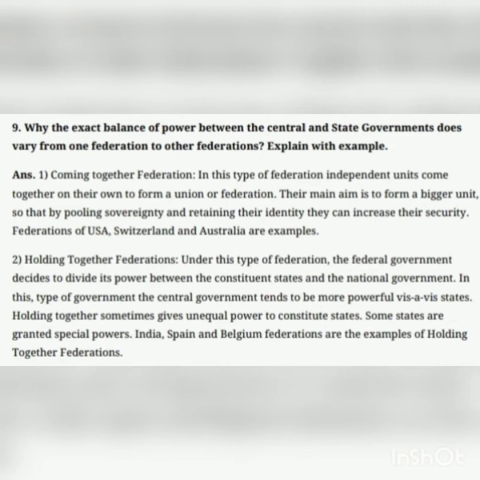Coming together federation, the best example countries are US, Switzerland, Australia. So willingly they are making a bigger unit. Whereas in holding together federation, the government itself decides to divide its power between center and states. But the central government tends to be more powerful. That's a defect of this holding together federation. Here the examples for this form of federation are India, Spain and Belgium.